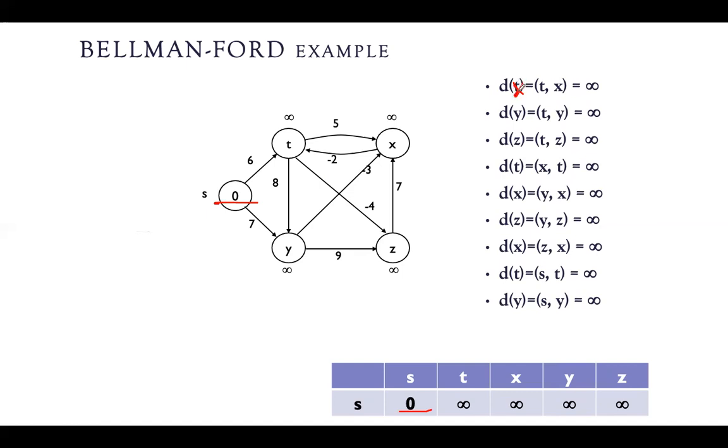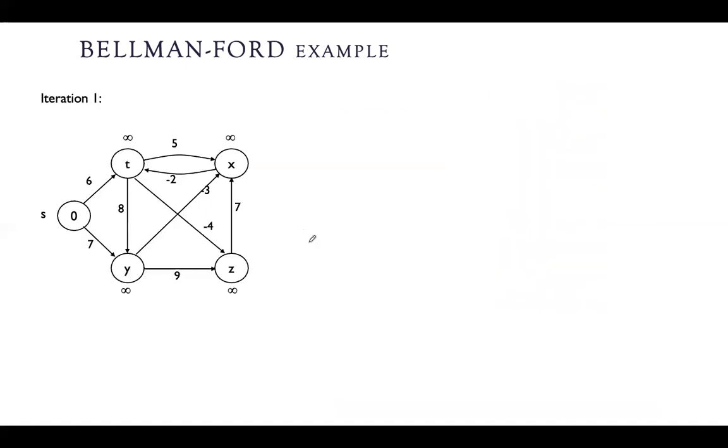Edge t to x means it will update the distance of x. So I have listed down all the edges that are present in the graph. It will undergo 4 iterations. We shall see in each iteration how things will change. Okay, first iteration.